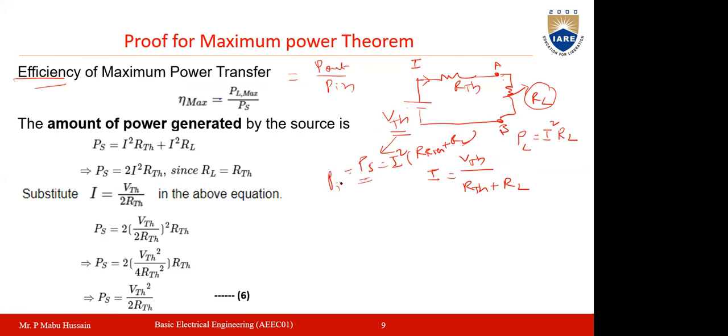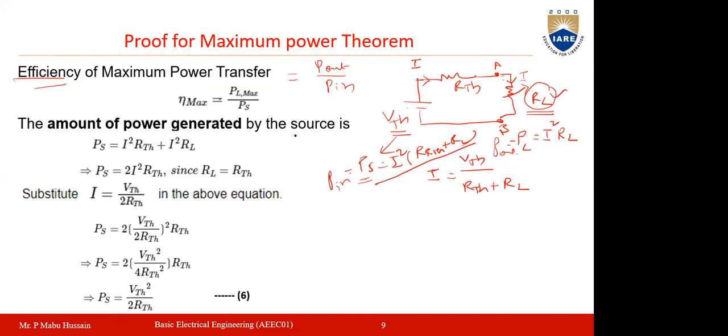Power input will be equal to the power delivered by the source, which is I square into the total resistance (R Thevenin plus RL). Now power output is nothing but the power across the load resistance RL, which is P out. The current flowing through this RL is the same I only. So you have to consider I square into the load resistance RL.